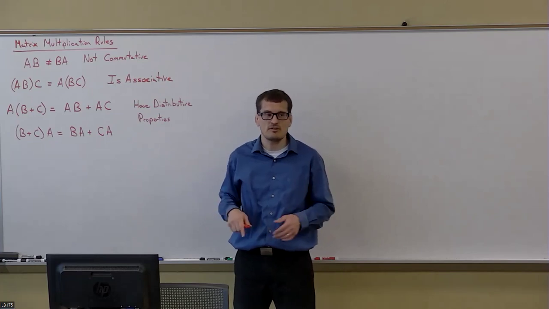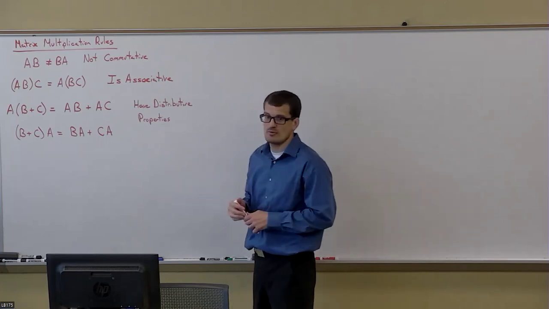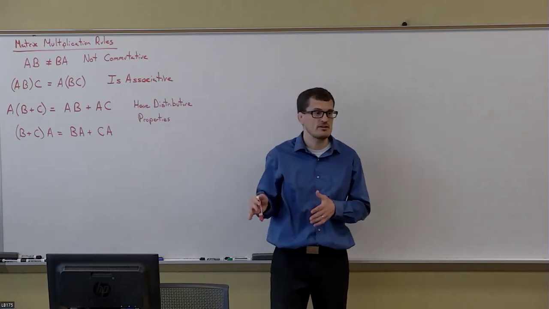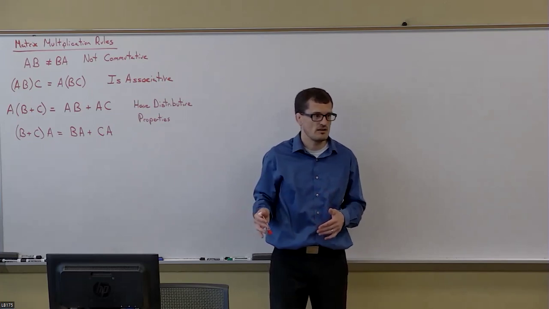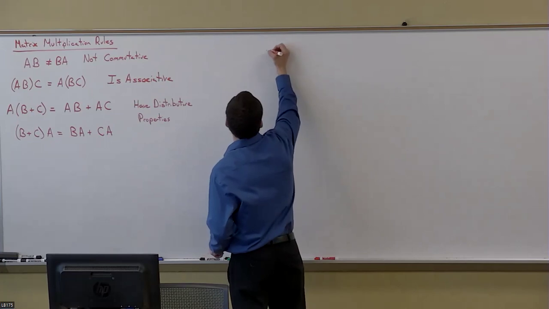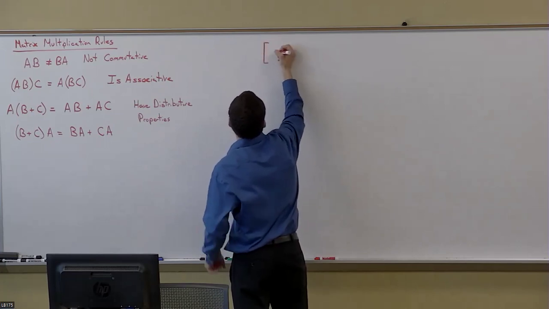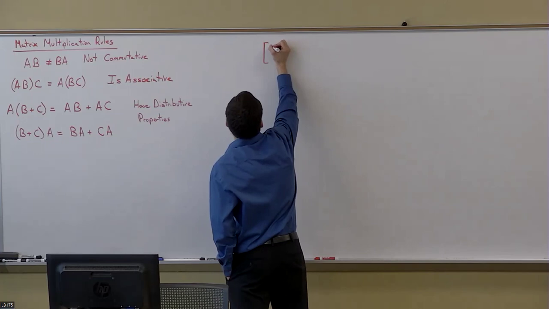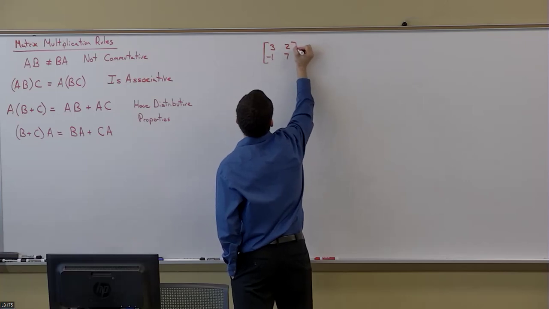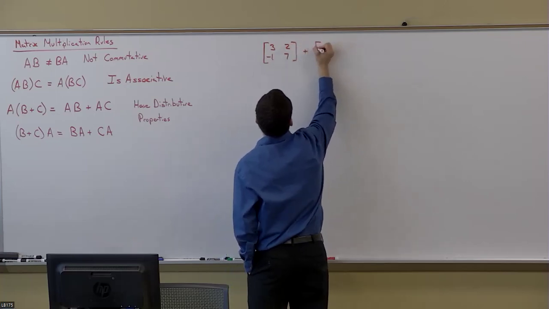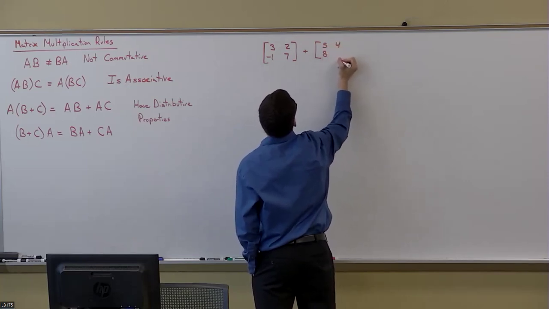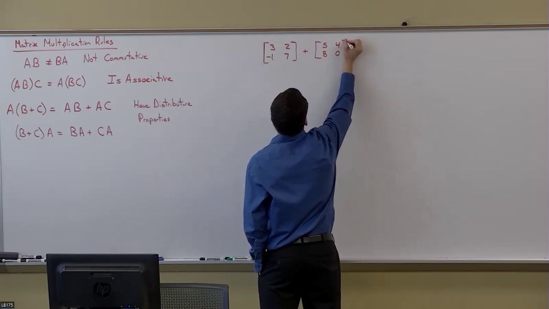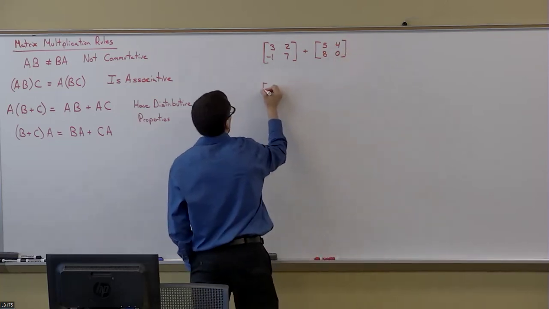It turns out that if you want to do these with your calculator, it's going to do the right things as well. So let me give you two matrices and just mess with those. So let's take 3, 2, -1, 7, and we'll add 5, 4, 8, 0. And then we'll multiply those as well.